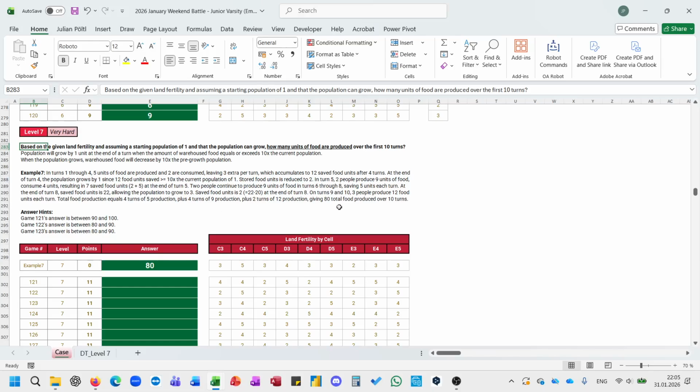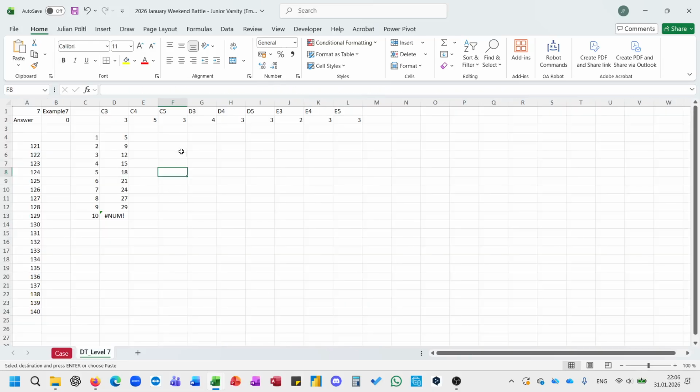One, two, 4. 5 units are produced. Here it is. Reading.